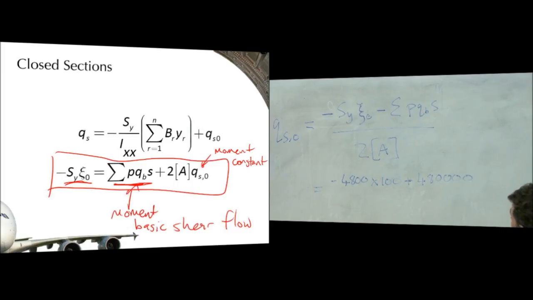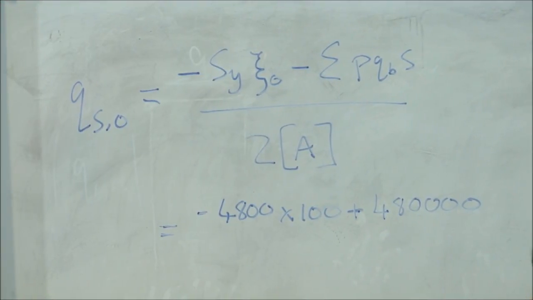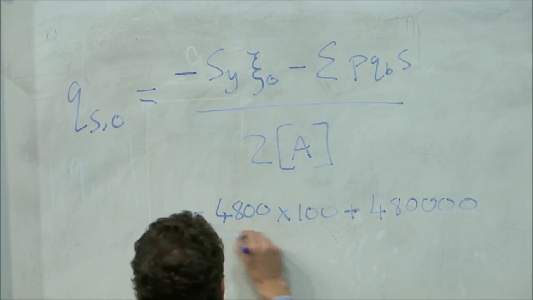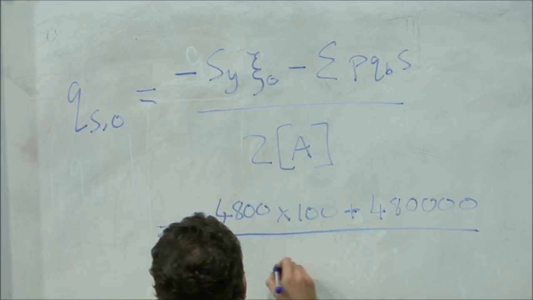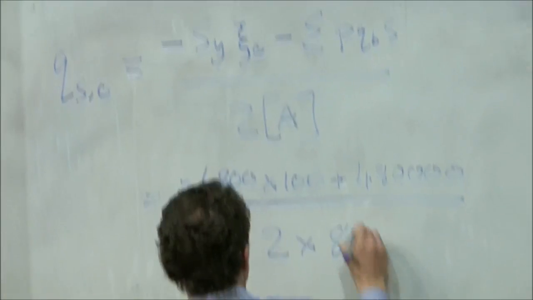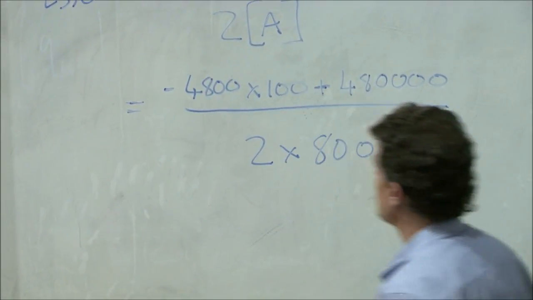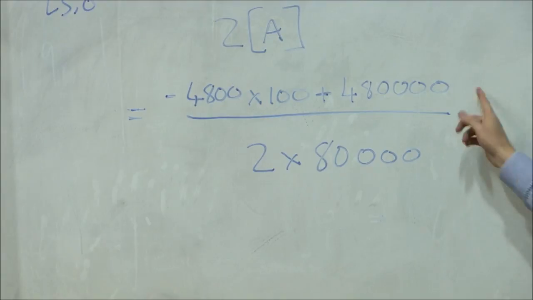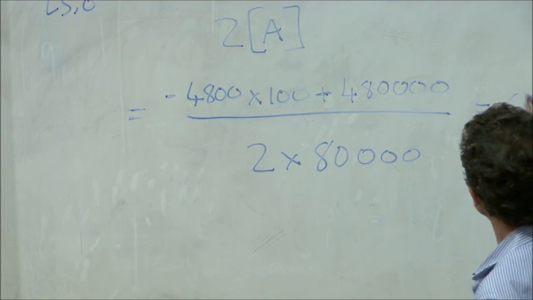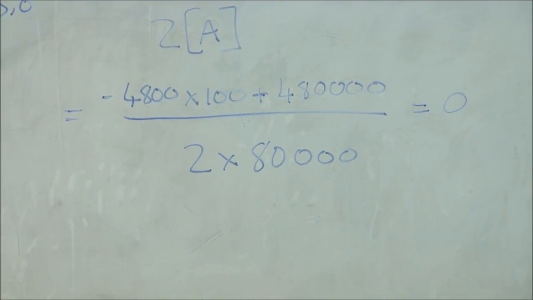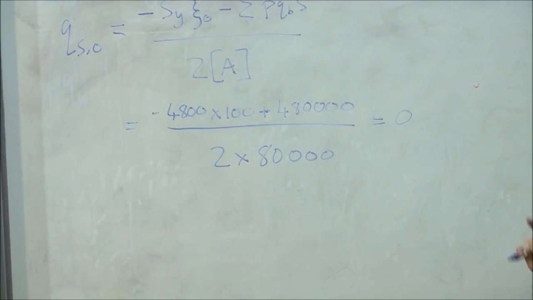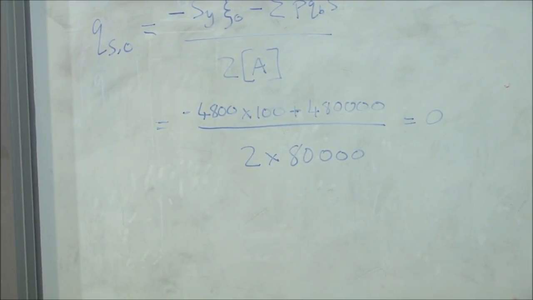So what do you know? My pen's running out of ink again. Two times 80,000, but on the top, we've ended up with 0. So that was just dumb luck. That was a particular problem that I chose that ended up being 0. It's not always the case, and we'll see in a minute that it won't always be the case.